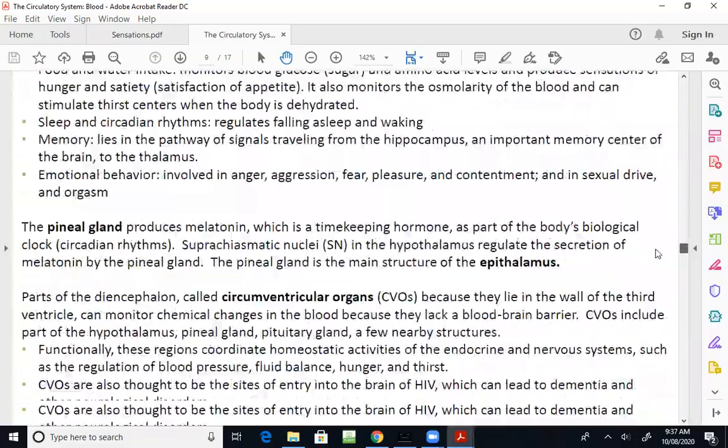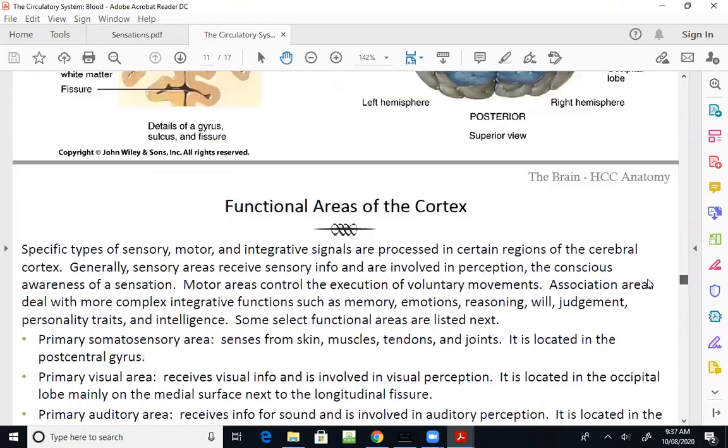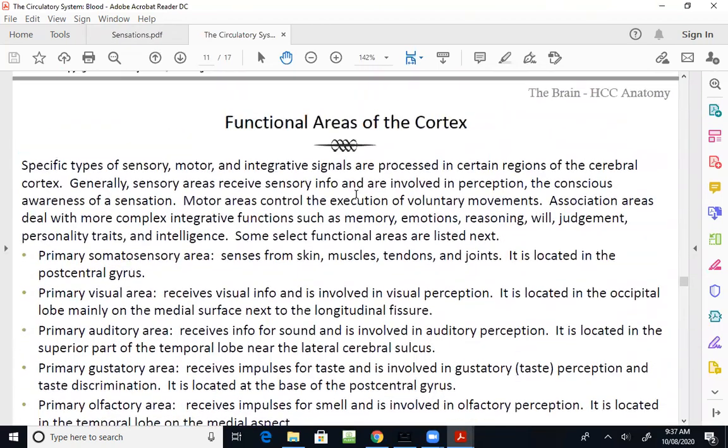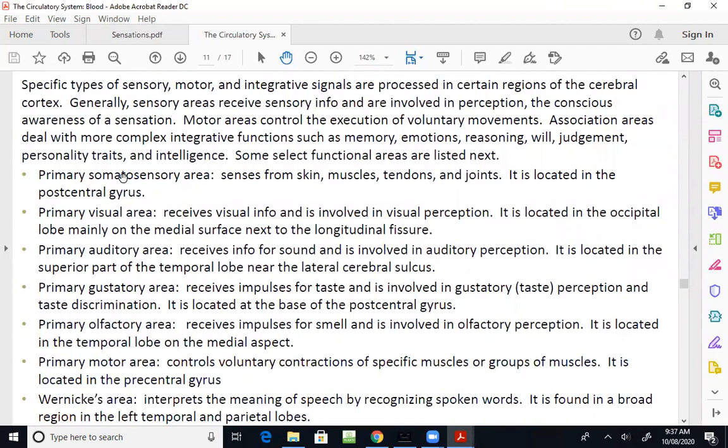The cerebral cortex is an area of your cerebrum that has what we call functional areas, places like the primary visual area where the sense of sight ends up getting processed. What you guys are using right now is this area in your brain where the signals are traveling from your eyes into your brain, allowing you to have conscious awareness and understanding of what you're seeing.